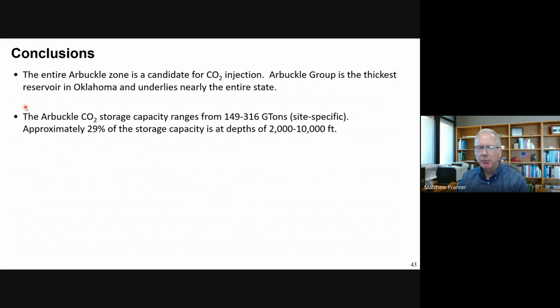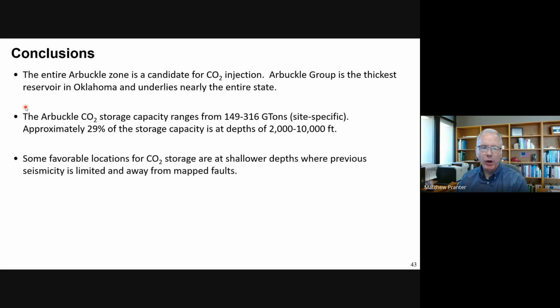About 29% of the storage capacity is at depths between 2,000 and 10,000 feet, with the idea here that it's probably not going to be economic to drill really deep wells to do CO2 injection. There are some favorable locations for CO2 storage at shallower depths where previous seismicity is limited and it's away from mapped faults.